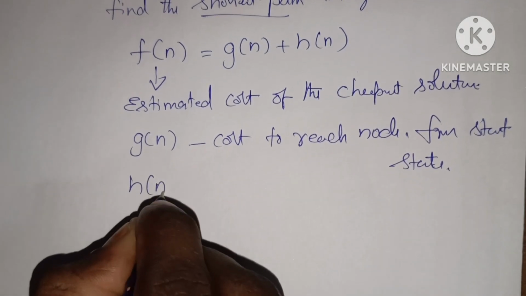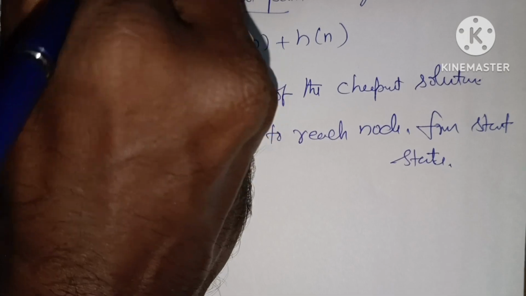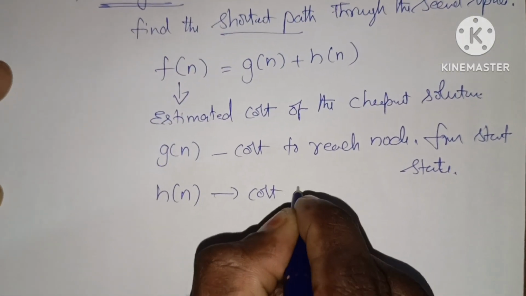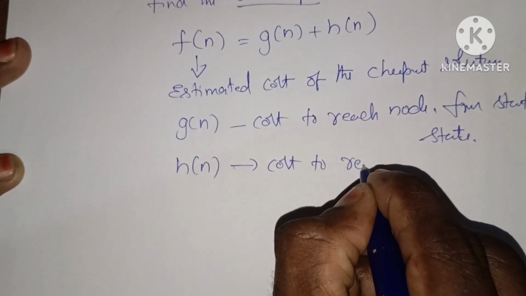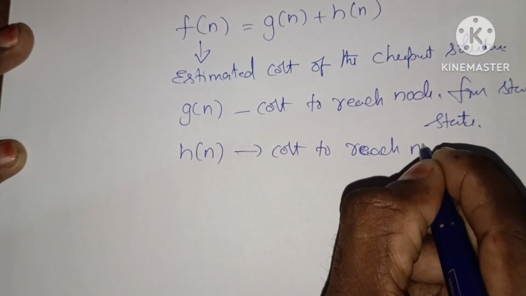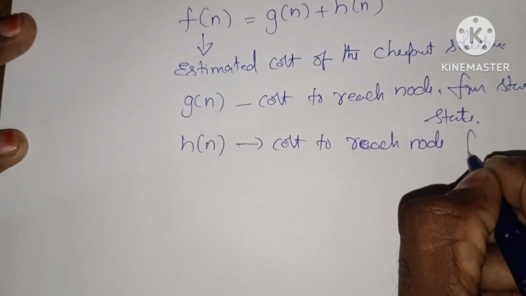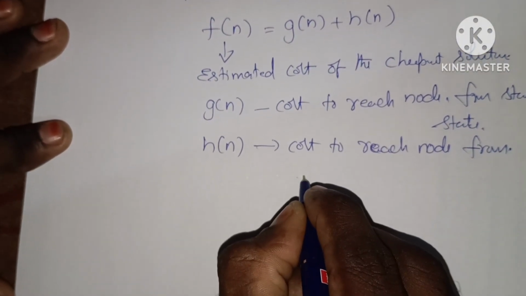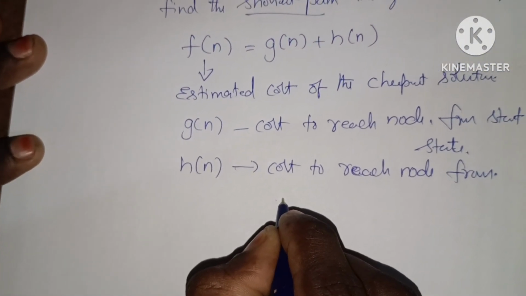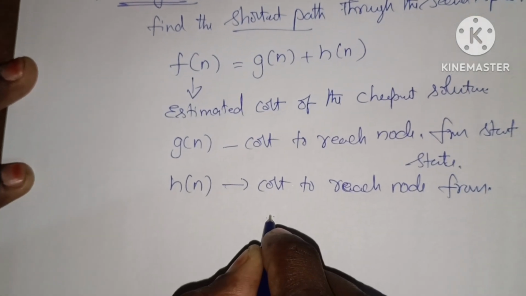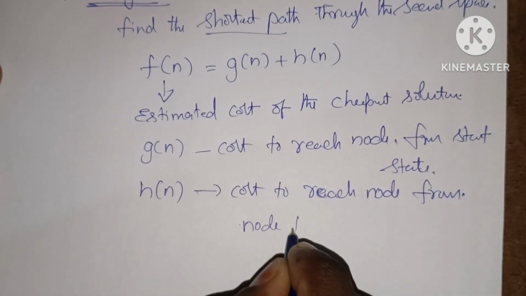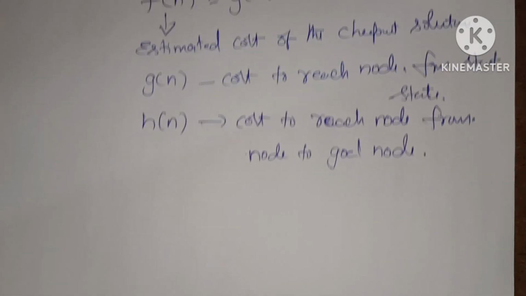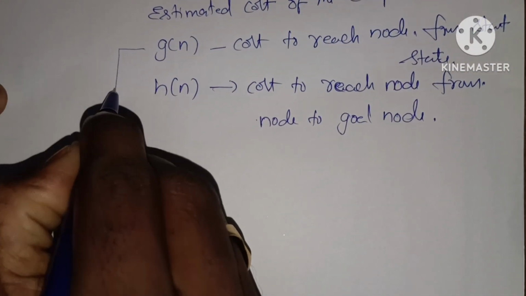Next, h of n, as the name itself says, is also called the heuristic function. h of n means the cost to reach the goal node from the node. Is it clear?